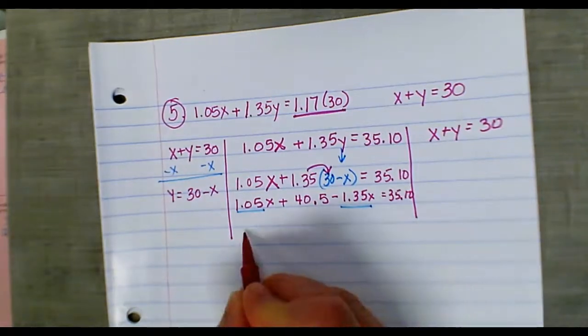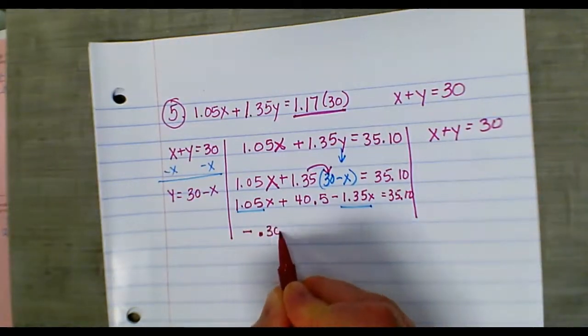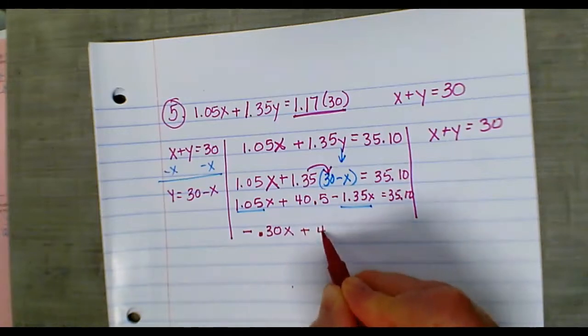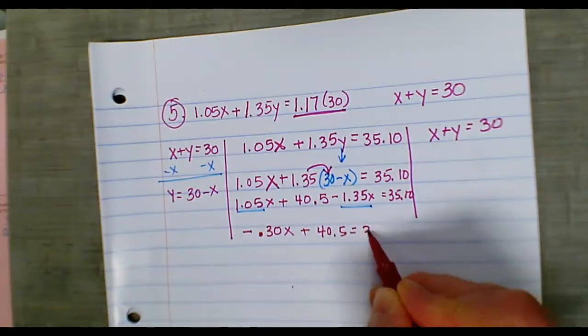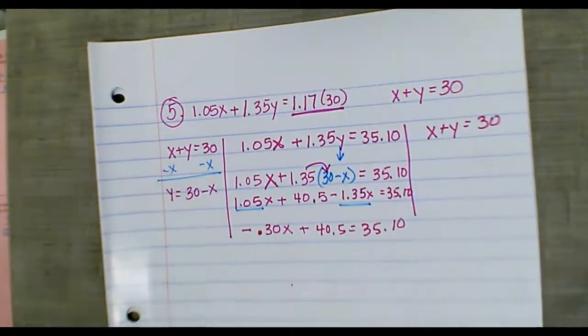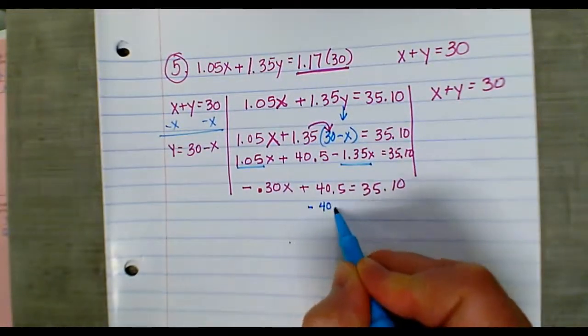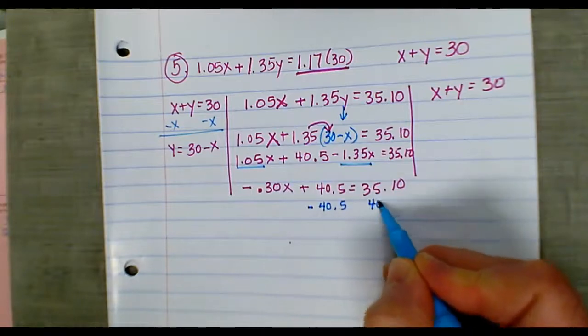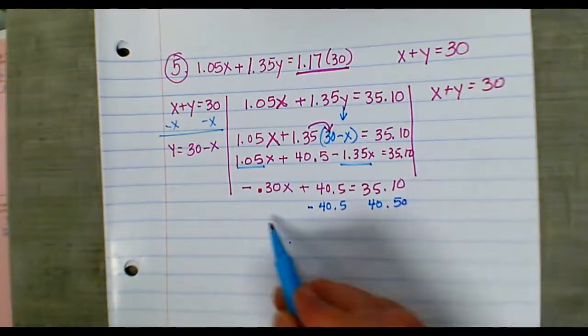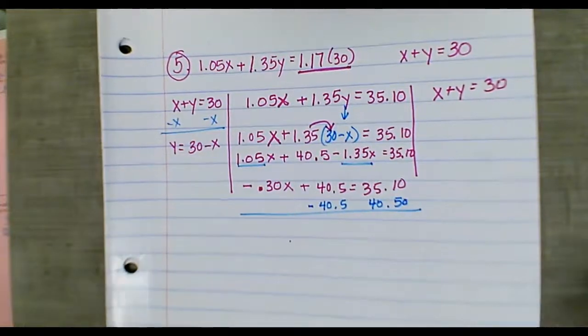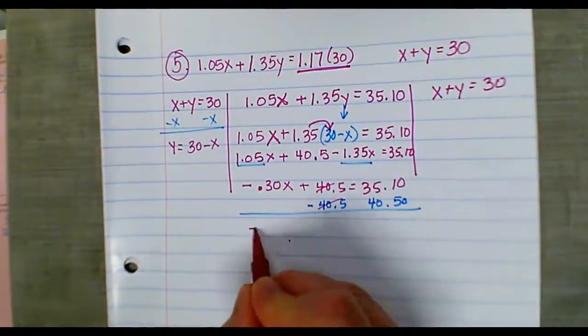And so that would be minus, then you have to subtract the 40.5 from both sides to cancel that out.